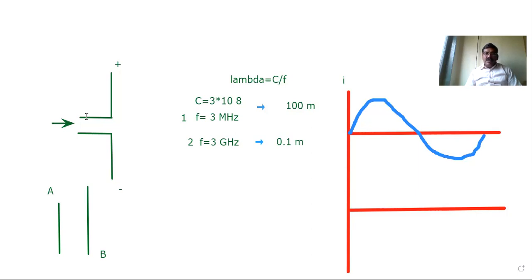The supply goes here and it goes this way. Now positive half cycle means what? In a conductor, the current is in the positive direction, this is your positive half cycle and this is your negative half cycle.